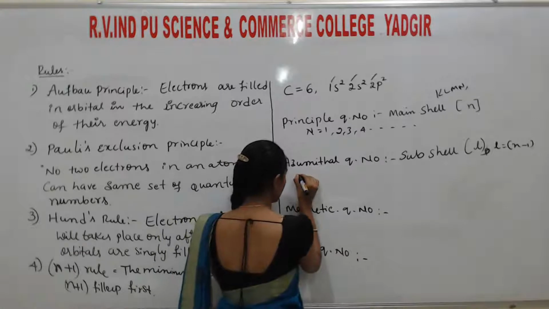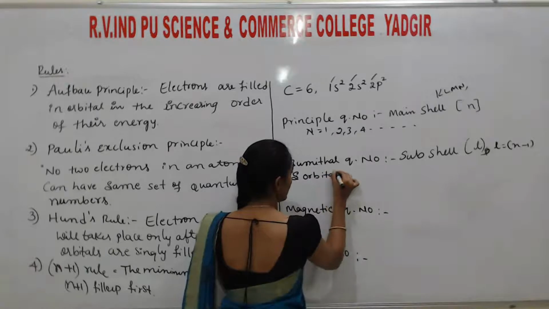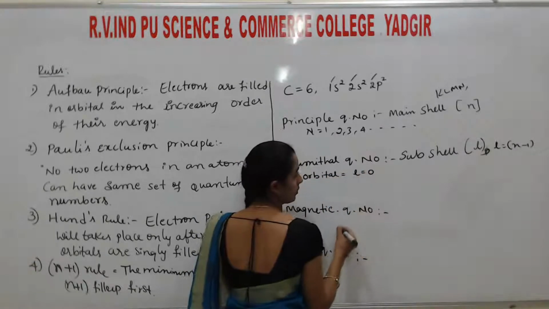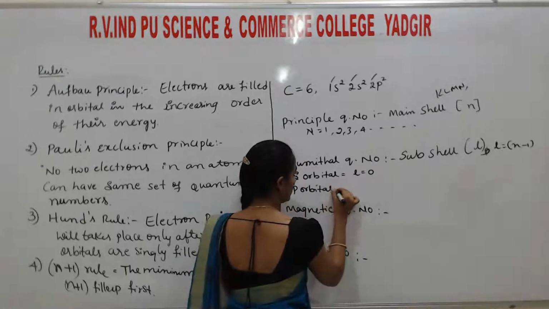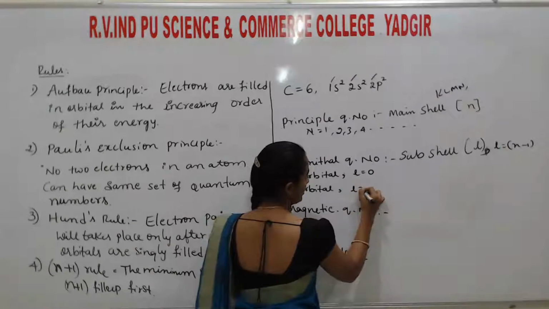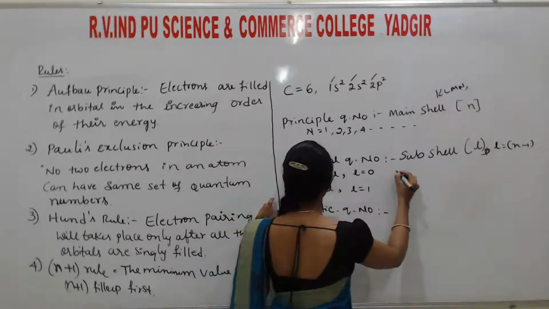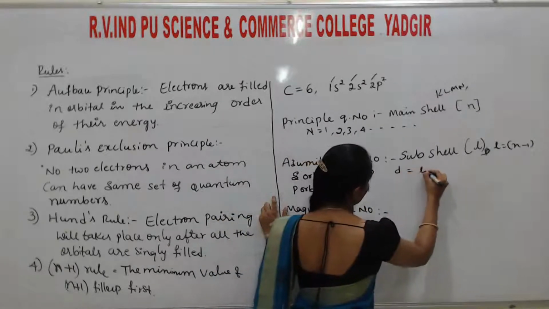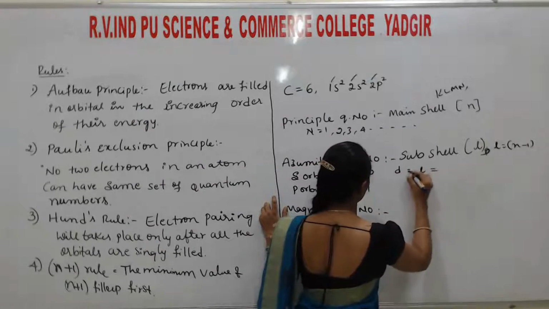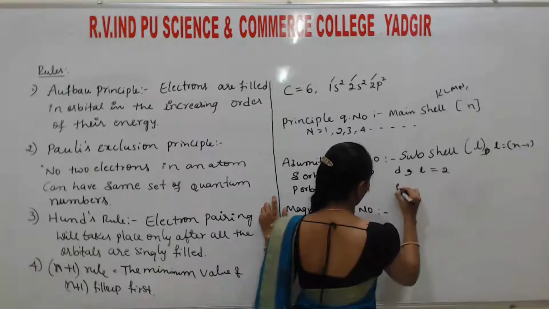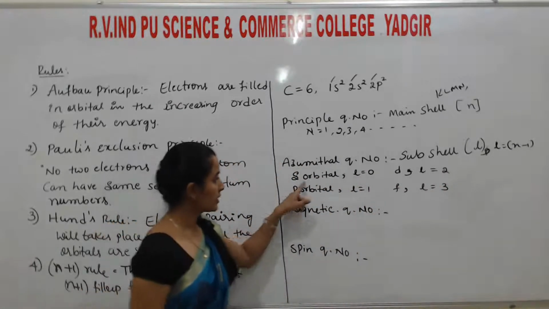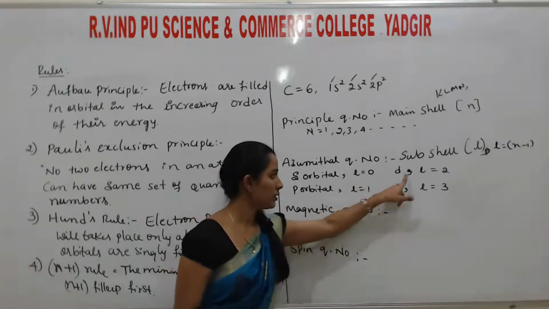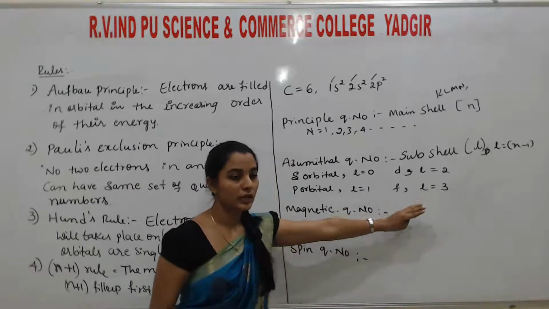So listen: for the s orbital, l is equal to 0. For the p orbital, l is equal to 1. For the d orbital, l is equal to 2. For the f orbital, l is equal to 3. These are fixed, students: s orbital 0, p orbital 1, d orbital 2, f orbital 3.